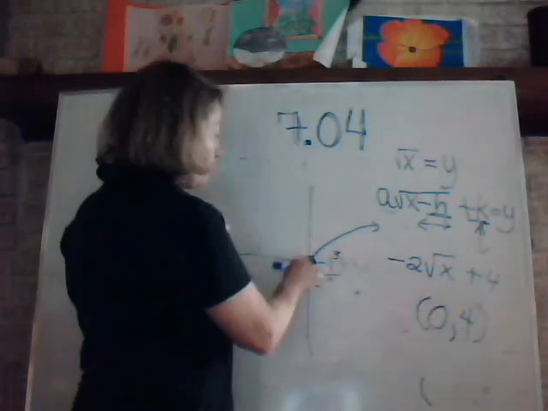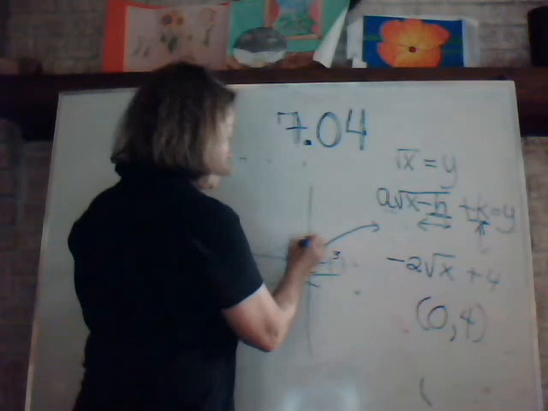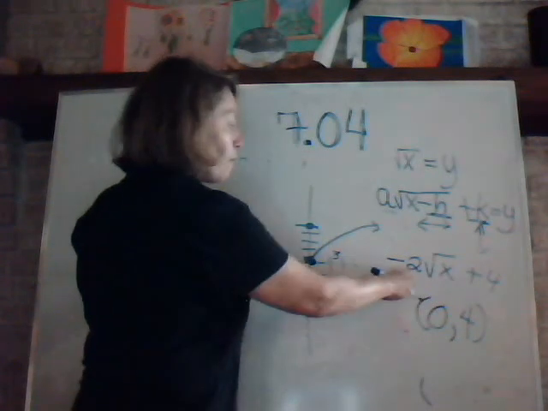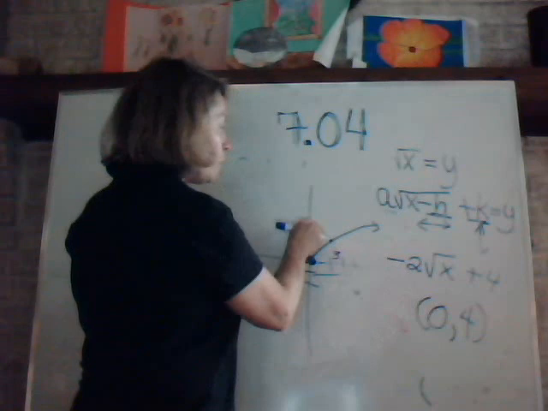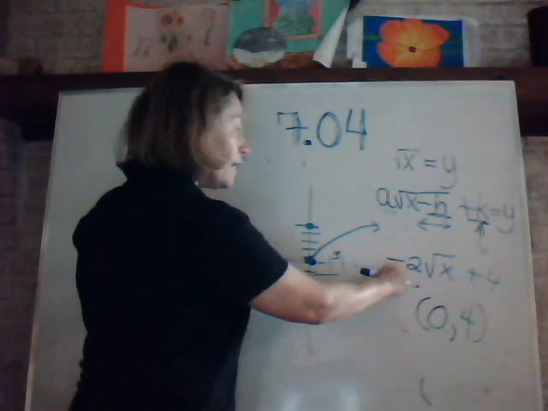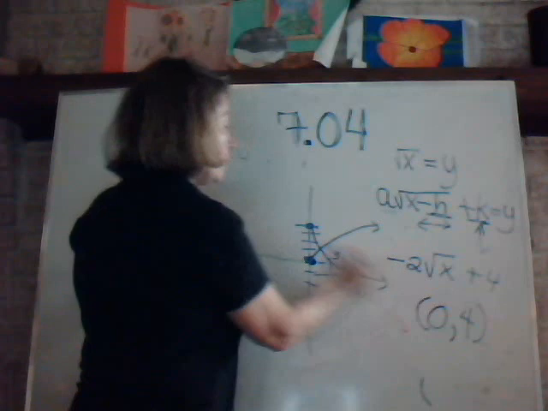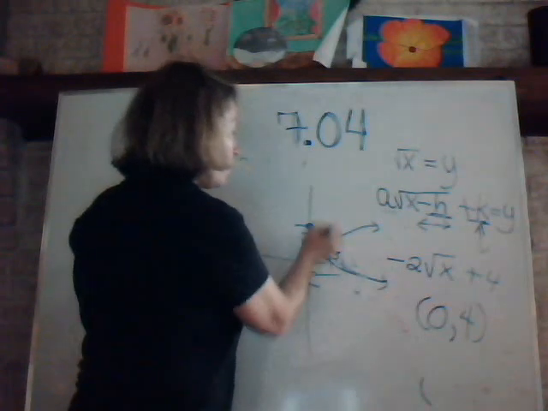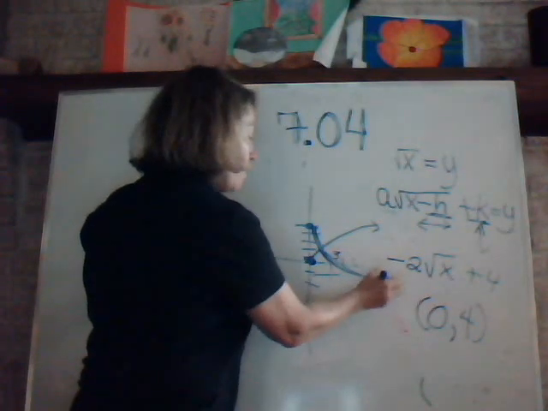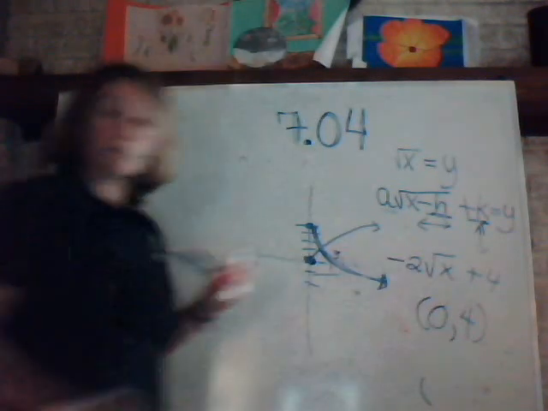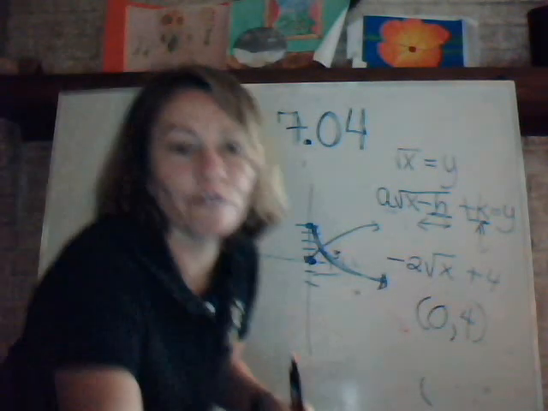That means my starting point is at 0, 4. So it's going to slide up 4. My reflection is going to go down because this is negative, and it's stretched away a little bit. So here is my new graph, my general graph of negative 2 square root of x plus 4. There we go. There's your first example.